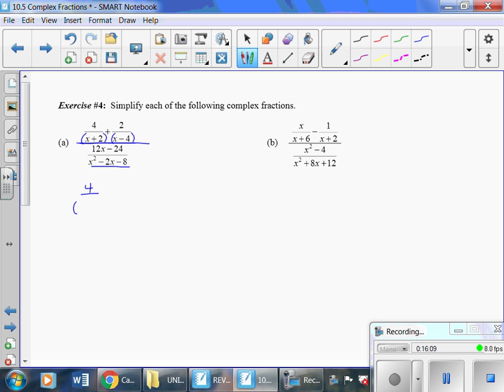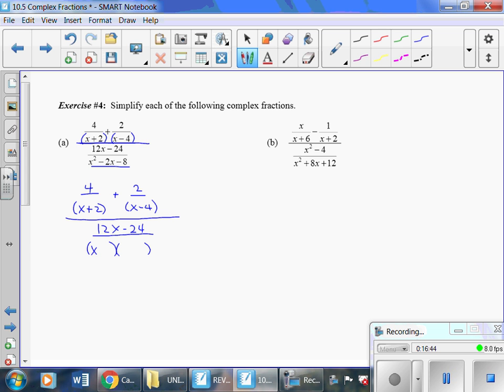I'm going to have 4 over x plus 2 plus 2 over x minus 4, big fraction bar, 12x minus 24, and I'm going to factor this trinomial, and it should be a fairly easy one to factor. They all are factorable, because if they want you to cancel things out, you can't have irrational or complex factors here.